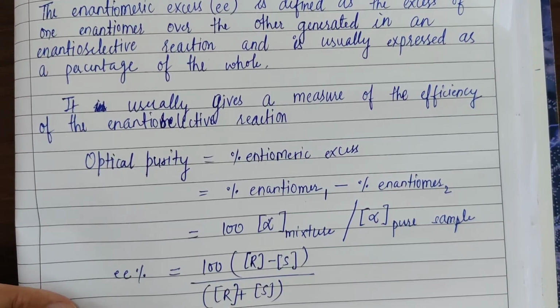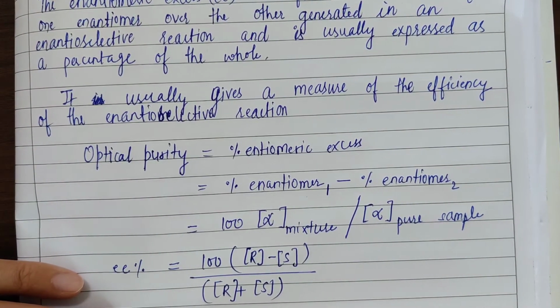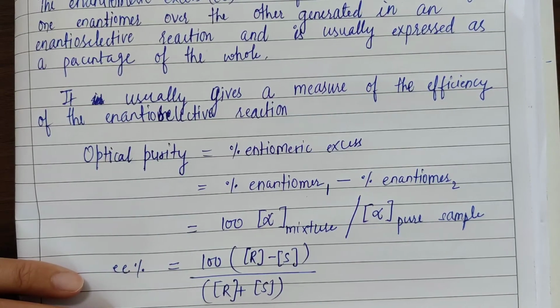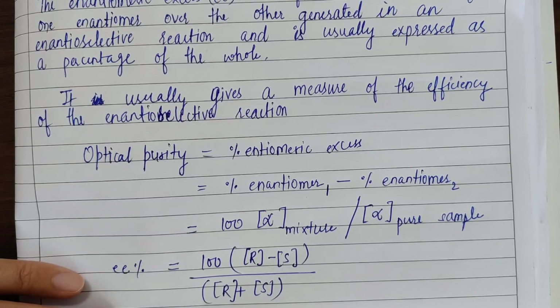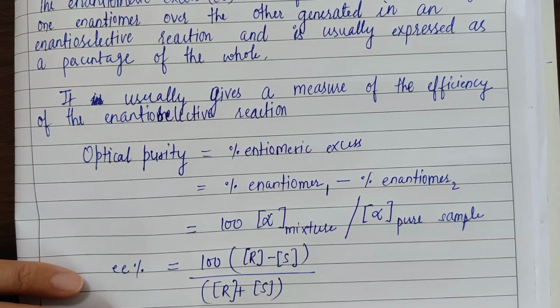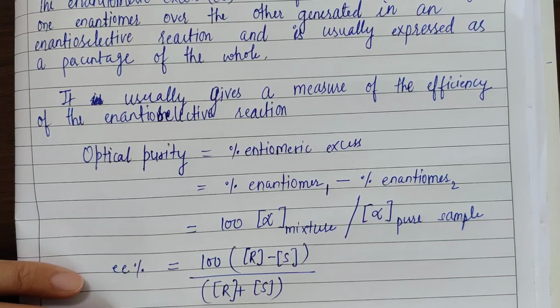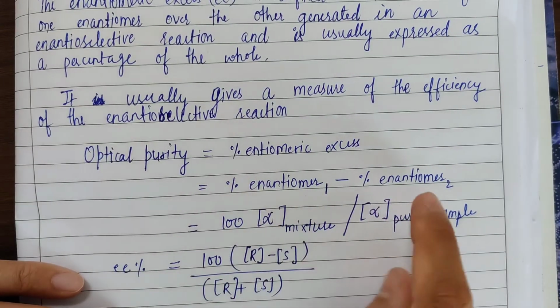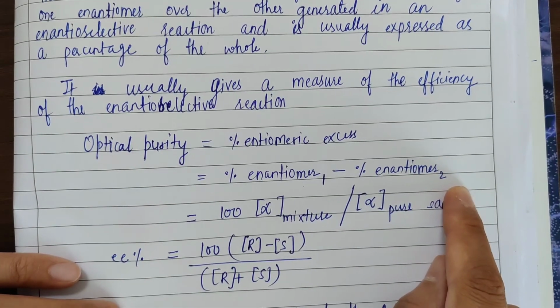Okay, it is used to measure the efficiency of an enantioselective reaction, like how efficient that particular reaction is. So there is a formula for that, optical purity or percentage enantiomeric excess. It is given by the percentage of enantiomer formed in excess, minus the percentage of enantiomer formed in lesser quantity.